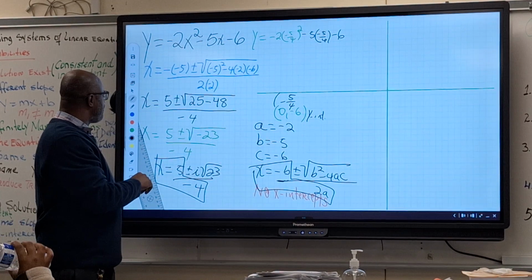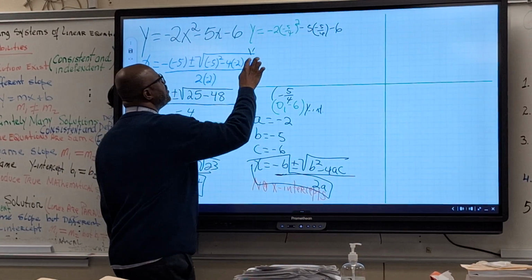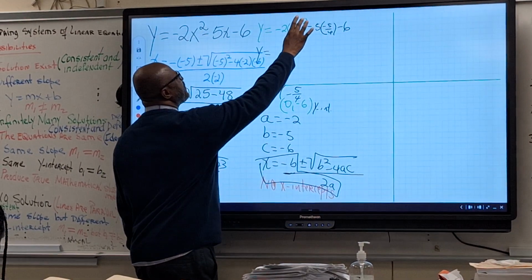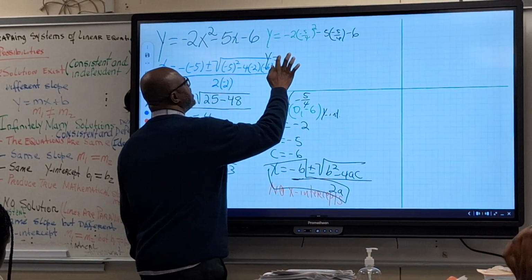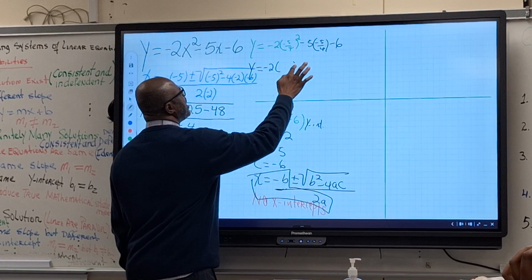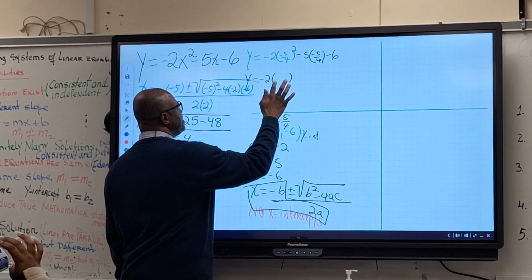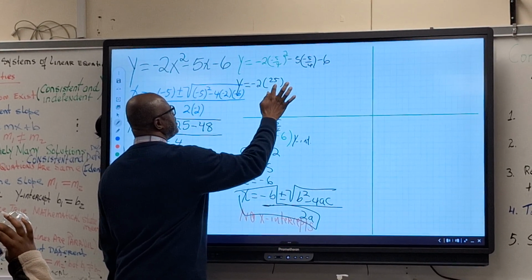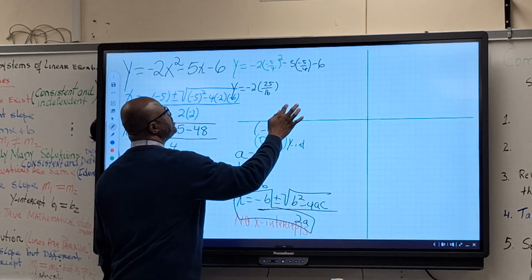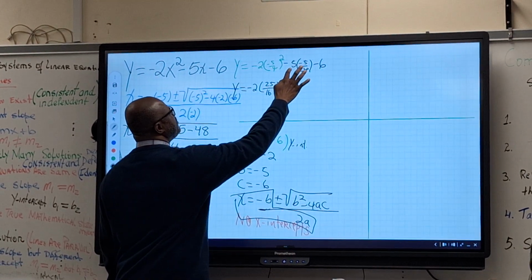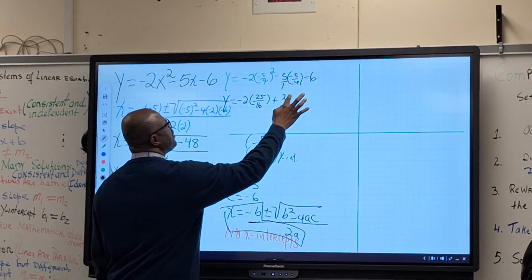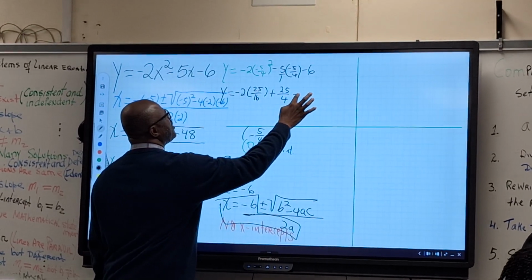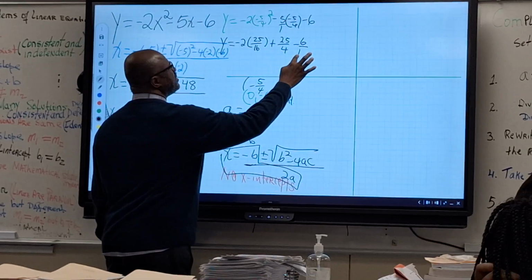So following order of operations, do parentheses and exponent first. When I square that, that will give me 25 over 16, good for you. And when I multiply two negatives, it becomes positive 25 over 4, minus 6 over 1.